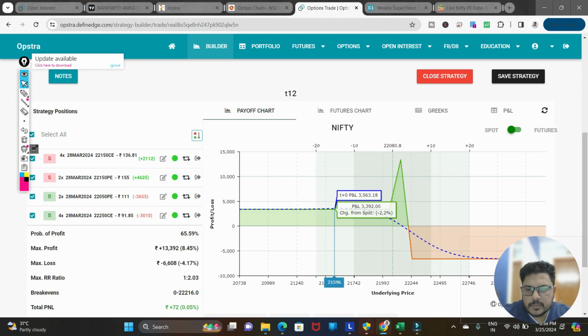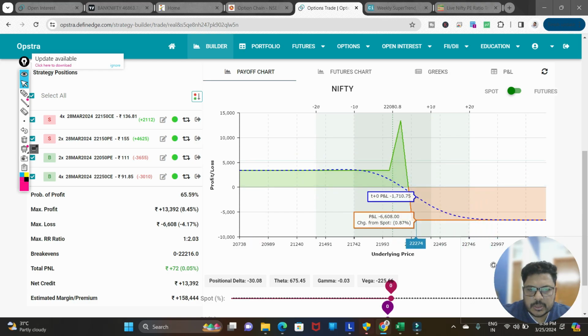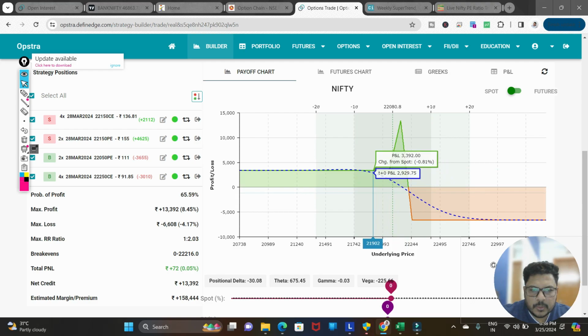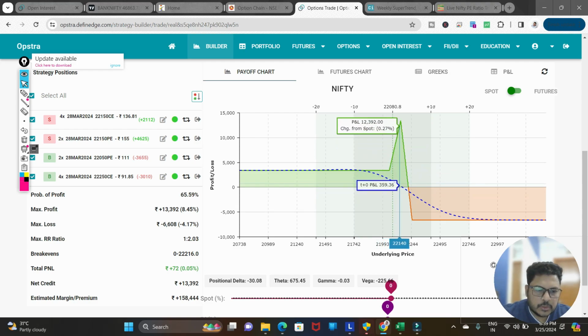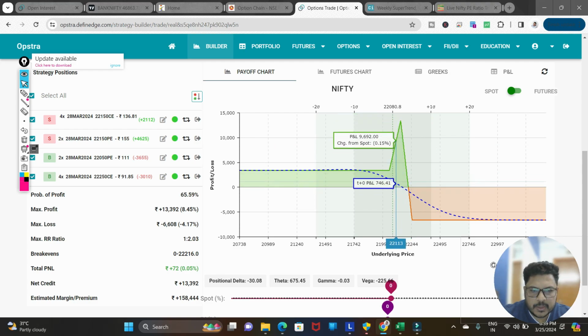Here what I have done is I have created a position where the market is at 22,080, and if the market goes down, I will be able to make a profit of 3,446. If the market doesn't move anywhere until expiry, which is another 3 days, and it stays in this range going up and down and expires, I will make close to 11,392 rupees.